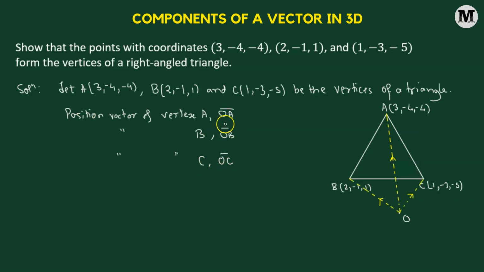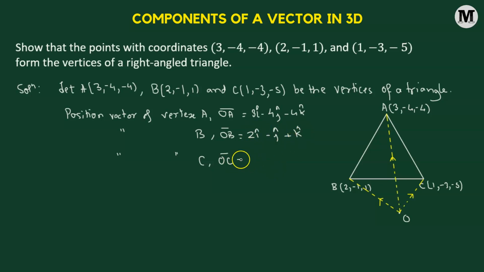So now that we have defined the position vectors of vertices A, B and C, let's also express them in terms of the unit vectors i cap, j cap and k cap. The position vector of vertex A is going to be 3i cap minus 4j cap minus 4k cap. Position vector of vertex B is going to be 2i cap minus j cap plus k cap.